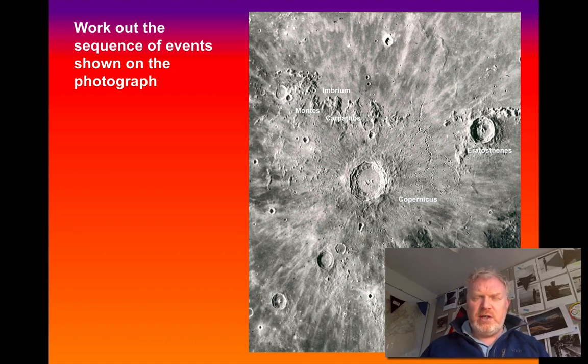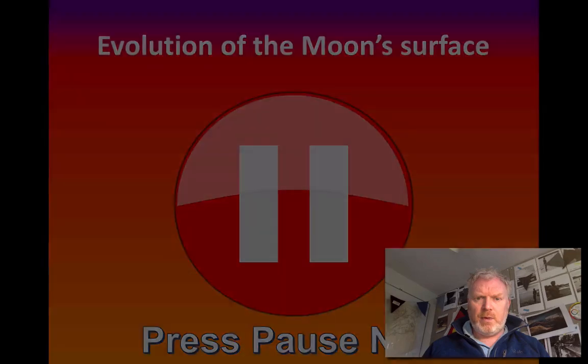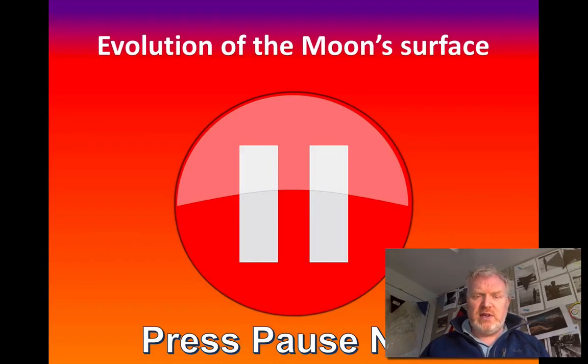What order did these 5 different events occur in? Can we list them on the table with the oldest one at the bottom and the youngest one at the top? And give reasons for why you think these events occurred in this order. Press pause now, see if you can work it out.